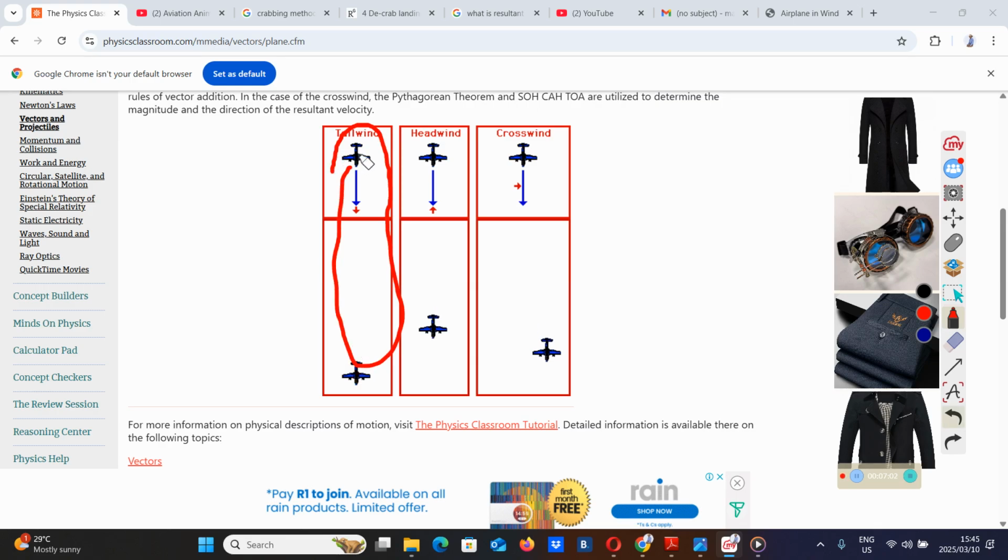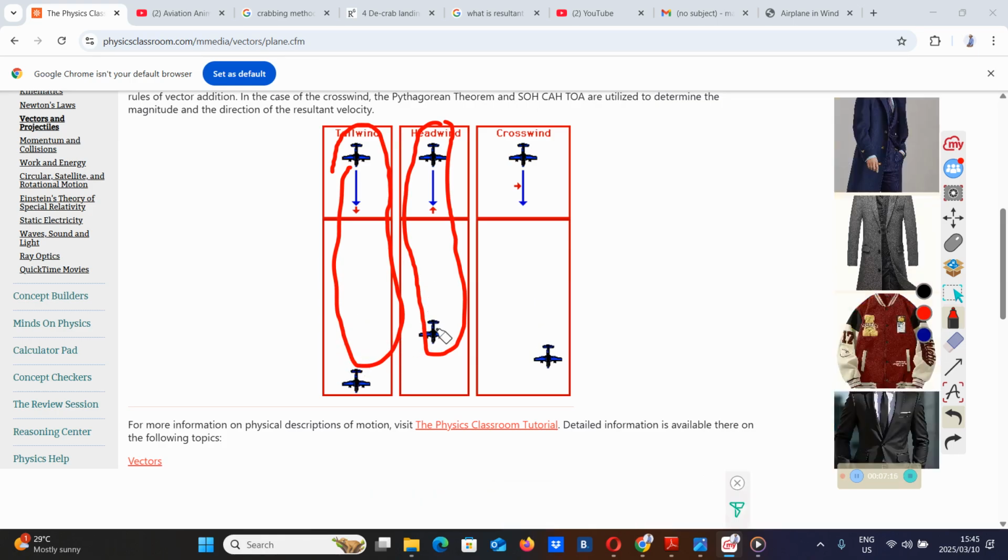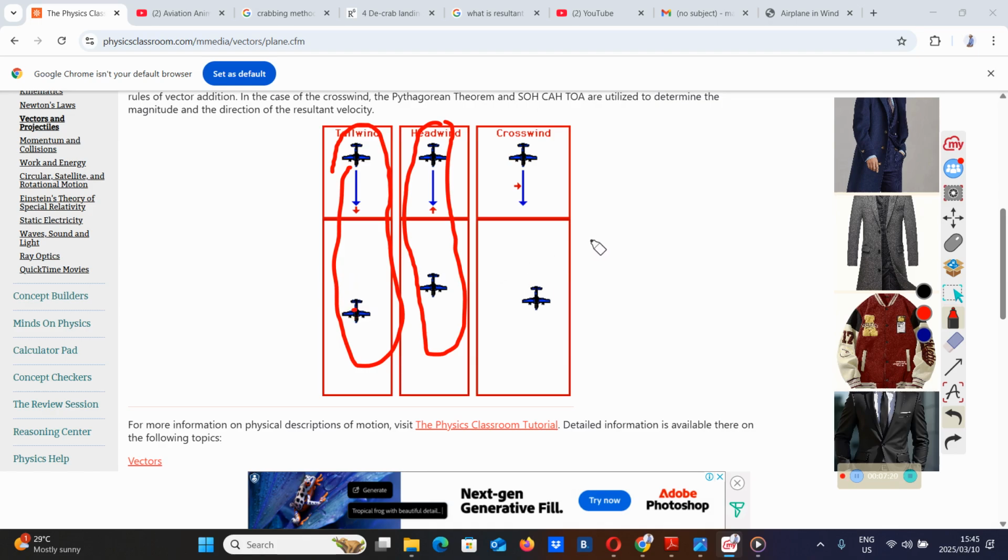Here's the scenario: if the airplane is moving at a certain speed in the same direction as the wind, the speed will be increased. But if the airplane is moving against the direction of the blowing wind, then the speed will be decreased. That's why we see here, this one is going to cover a lesser distance compared to this one.